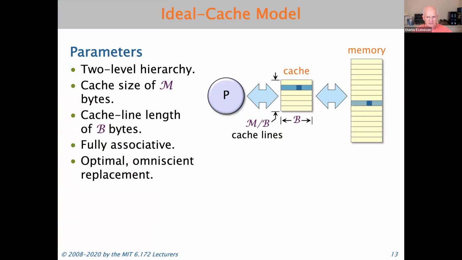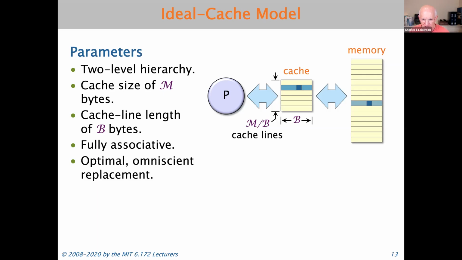So here's the ideal cache model. It has only one cache, not a multi-level cache. Although you can have a multi-level ideal cache, the basic model doesn't have multiple levels. There's only one cache level with M bytes and a cache line length of B bytes. It's fully associative, and its replacement strategy is the best you could hope for. It's optimal, omniscient.